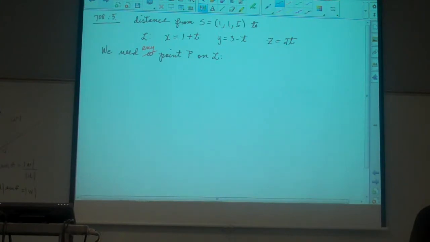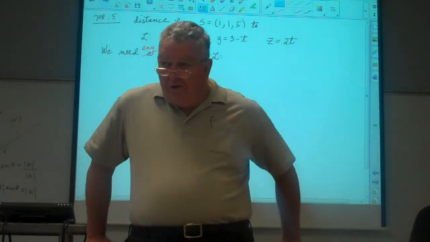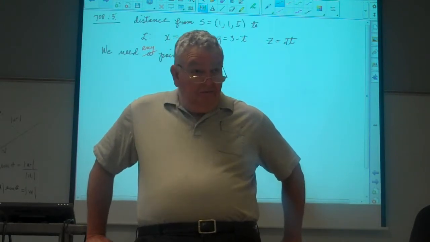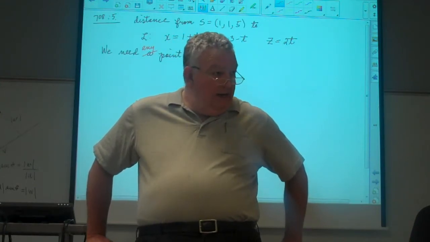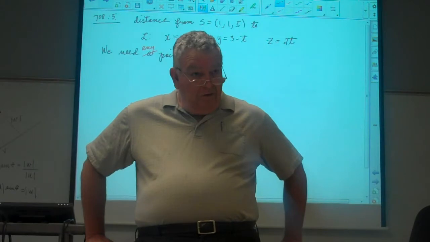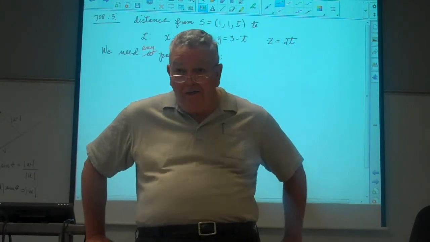Let t be equal to any number. Isn't that how, your high school geometry teacher told you that a line's made up of a whole bunch of points? If I have y equals mx plus b, the way you get a whole bunch of points is let x be a whole bunch of different numbers, find a whole bunch of y's and put them together.